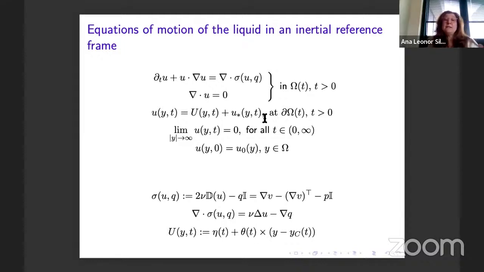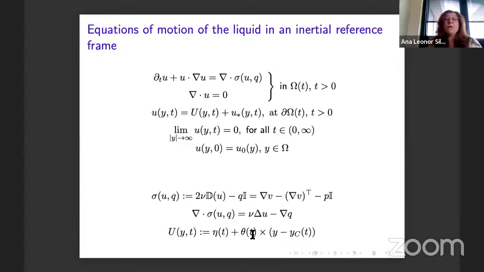Now, what we have is the Navier-Stokes equations around a rigid body, and the velocity field for a rigid body can be written in the form that I have here, the last equation. This is the translation of the center of mass. YC of t is the position of the center of mass of the rigid body, and in this first set of equations, theta of t is the angular velocity, which is also a vector.